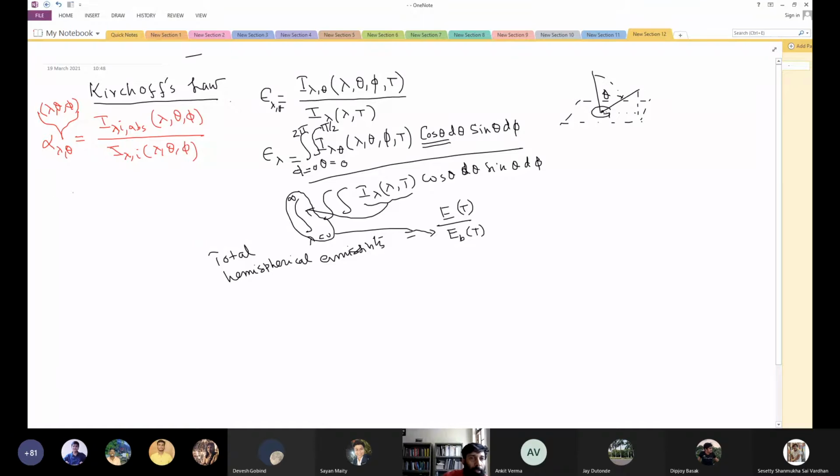We can have the same integration over this. We can write the total absorbed over the hemisphere.